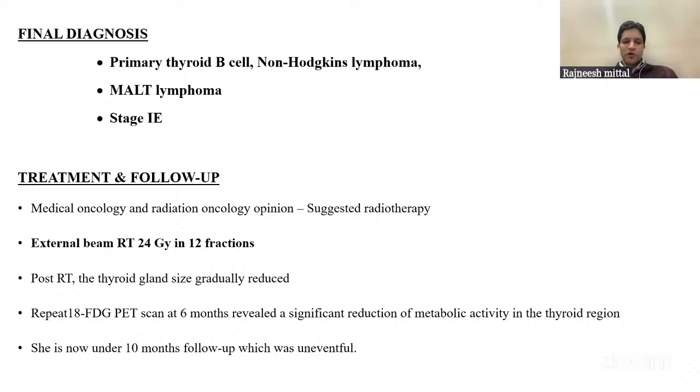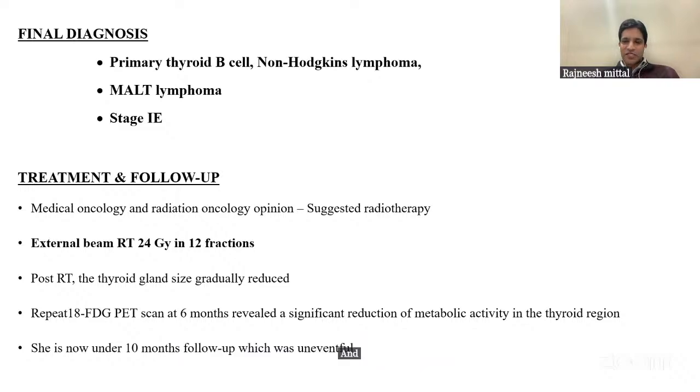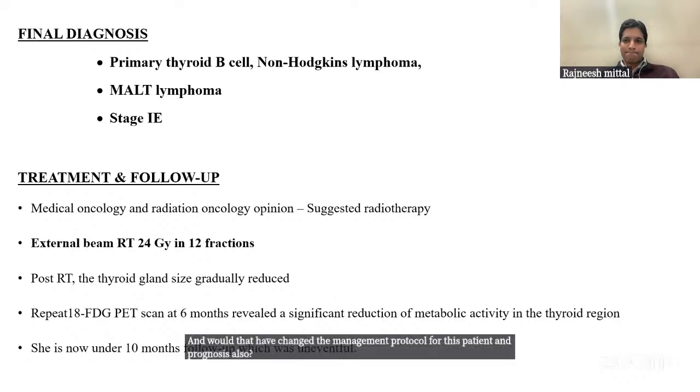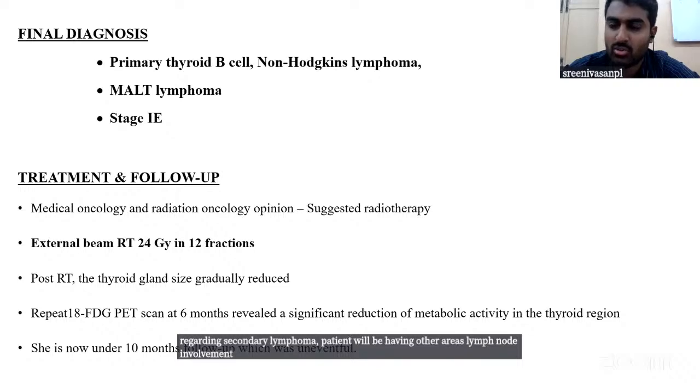So if there were nodules in this patient, would you have been able to differentiate between primary thyroid lymphoma or secondary thyroid lymphoma? And would that have changed the management protocol for this patient and prognosis also? Regarding secondary lymphoma, the patient will be having other areas of lymph node involvement. Initially, presentation of constitutional symptoms will be there.